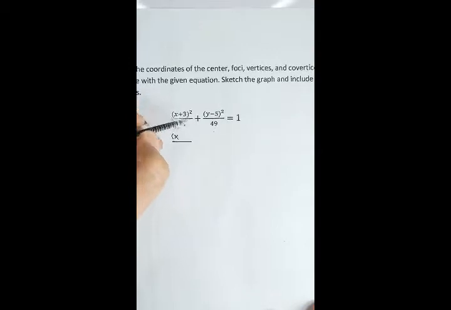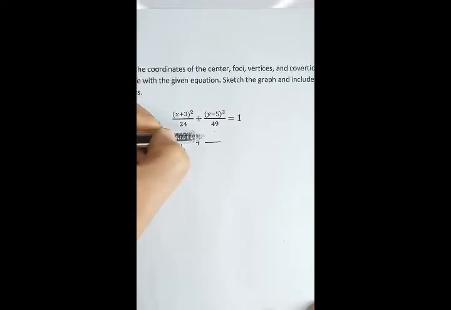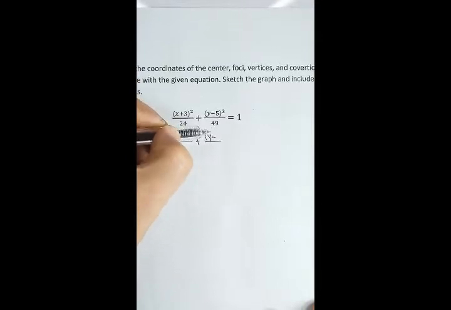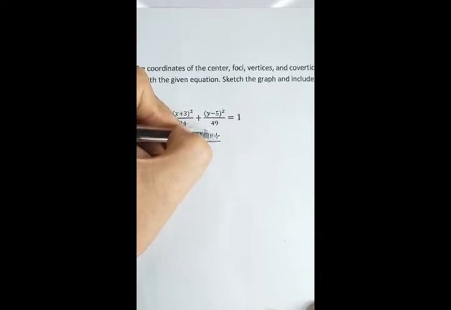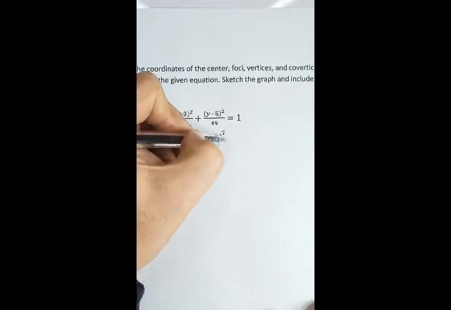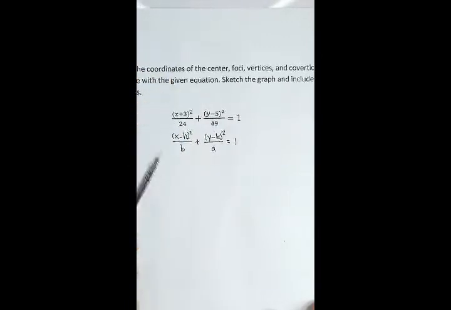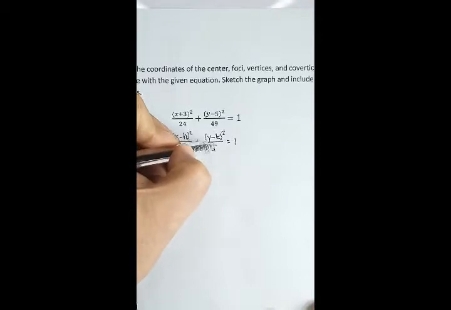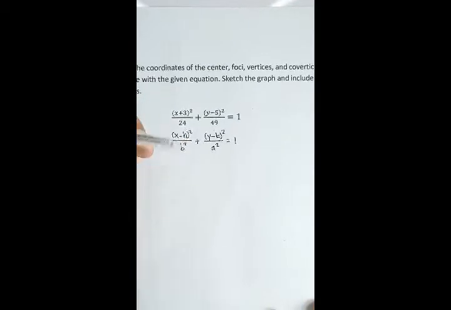So our equation will be (x minus h) squared over b plus (y minus k) squared over a equals 1.